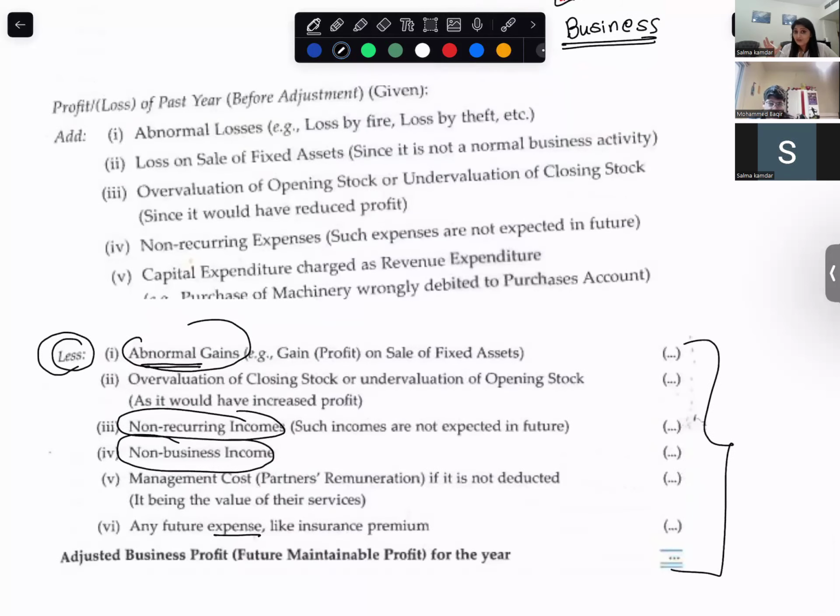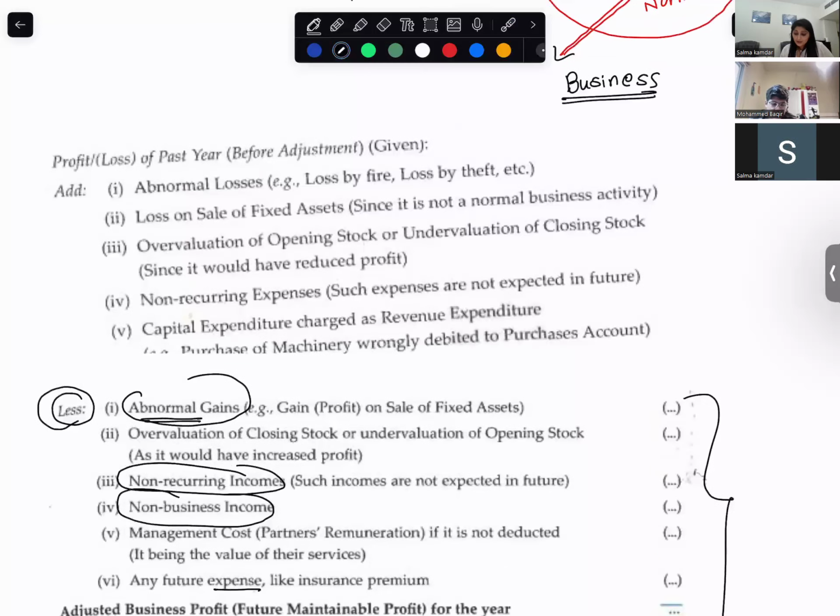This is not a normal loss because I want normal profit. So I will add back the abnormal loss, loss on sale of fixed assets, and non-recurring expenses.